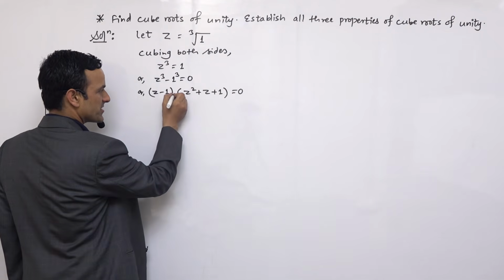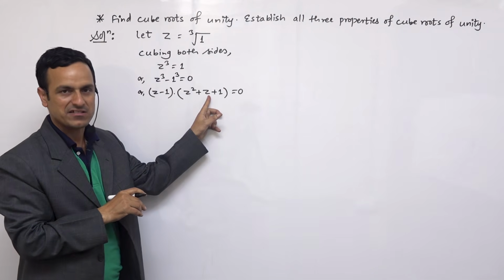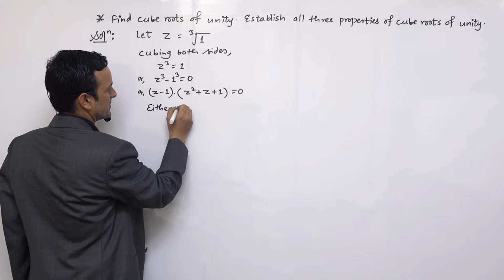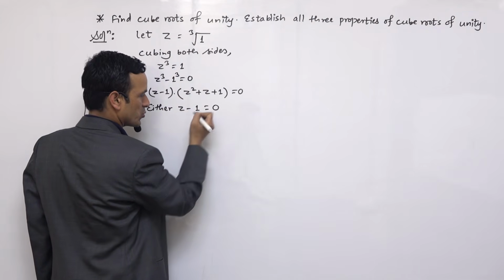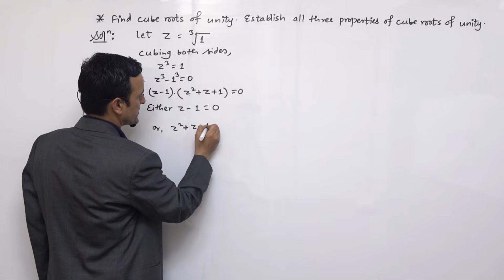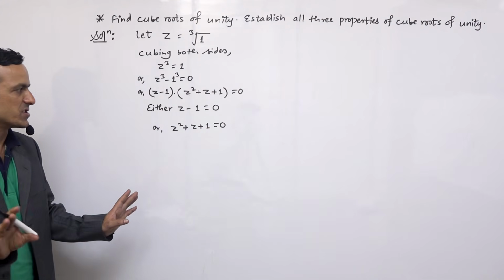So this is the product. So we can see here are 2 factors. So we can write either z minus 1 is equal to 0 or z square plus z plus 1 is equal to 0. So we have 2 conditions.